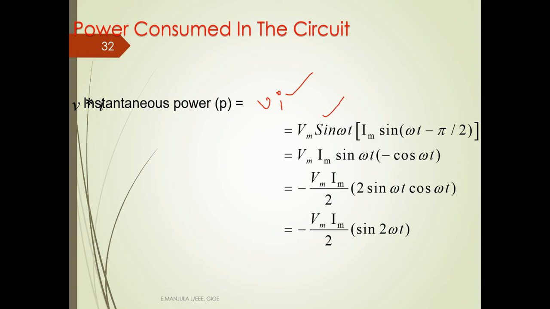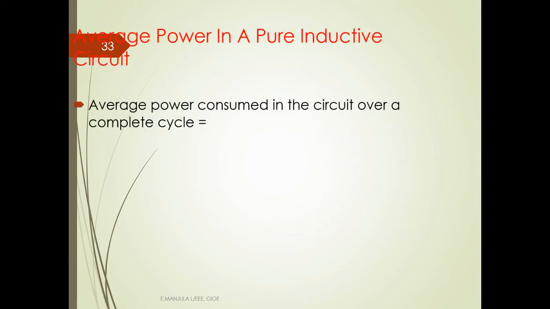This gives minus V maximum I maximum by 2 into 2 sin omega t cos omega t, which is equal to sin of 2 omega t. So P is equal to minus V maximum I maximum by 2 sin 2 omega t.